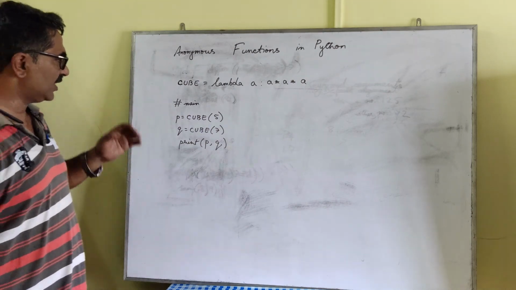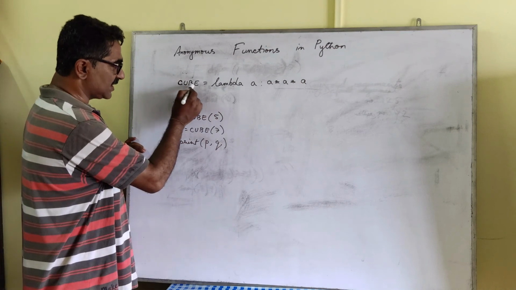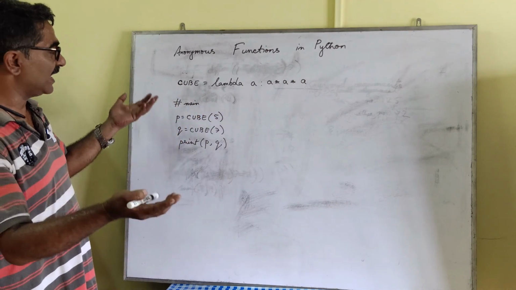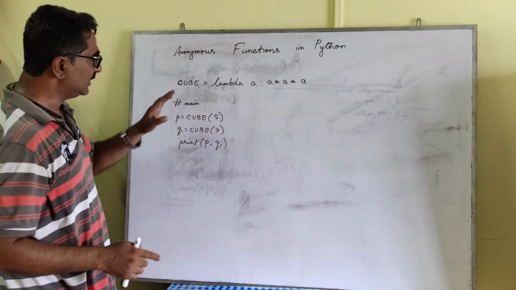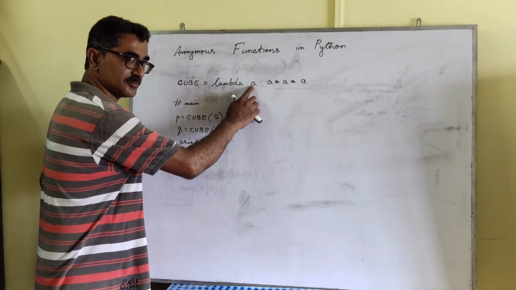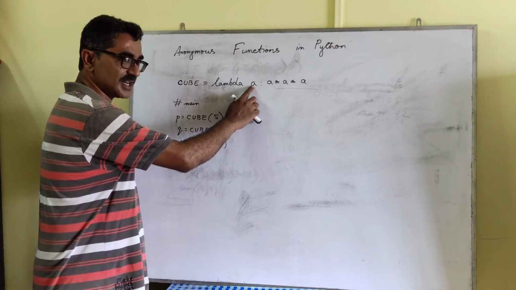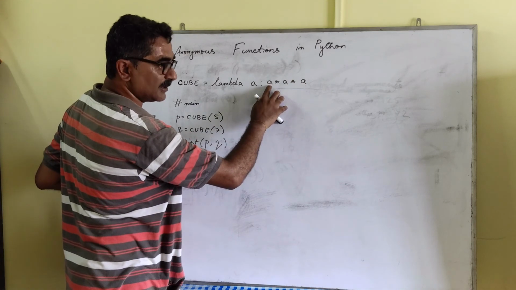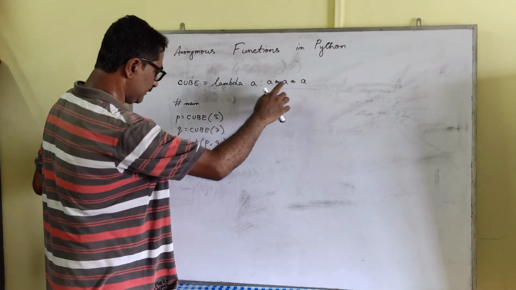So here, this cube is a name, you may assume it to be the name for the function, but actually it's a variable. Lambda is used to tell that this is the variable which will be used as a parameter, and here it is going to multiply a 3 times, that is find the cube.